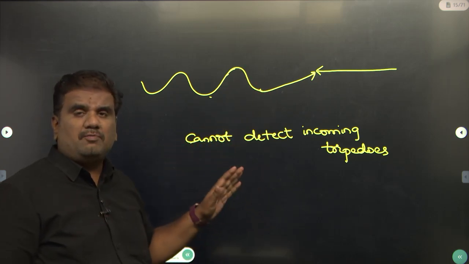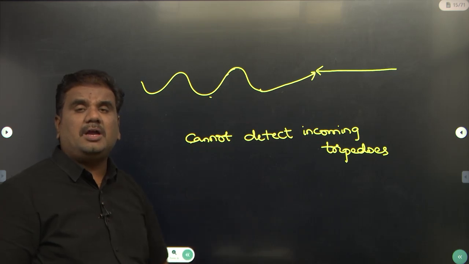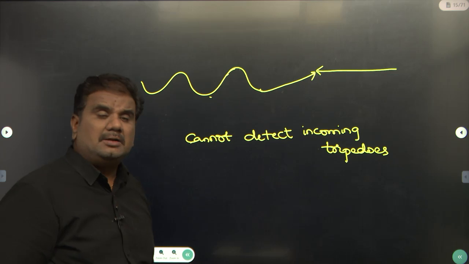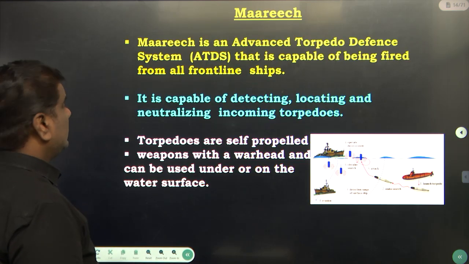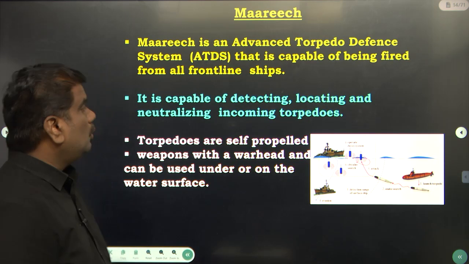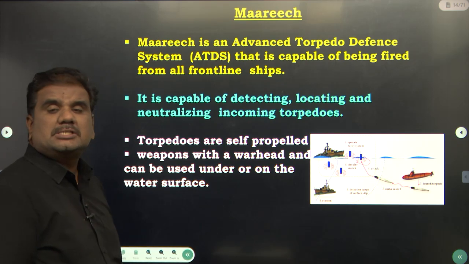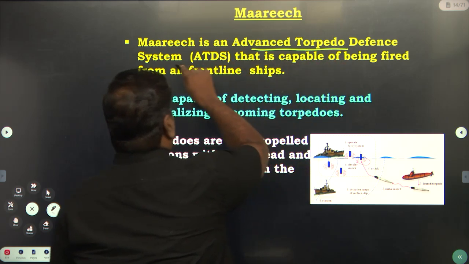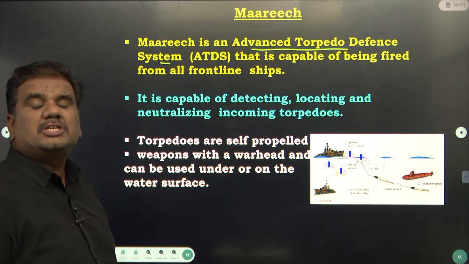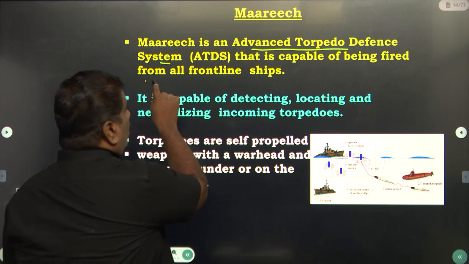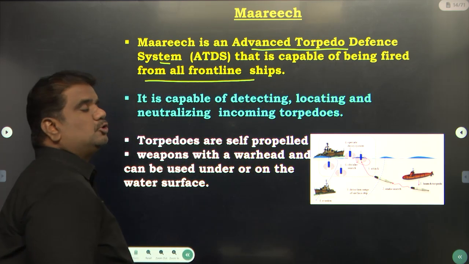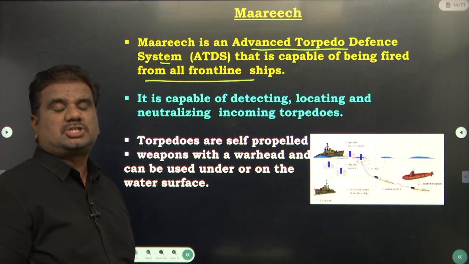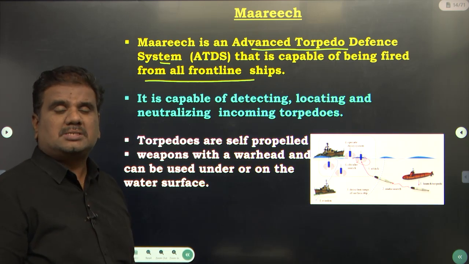So the speciality of Marich is that it can identify any incoming torpedoes, and at the same time, it can destroy them also. So what is Marich? It is an advanced torpedo defense system which can be fired from all the frontline ships as of today, whether the main advanced ships or the advanced submarines.